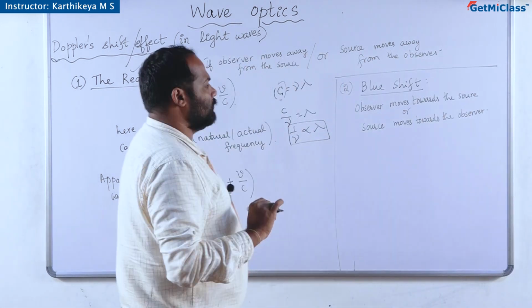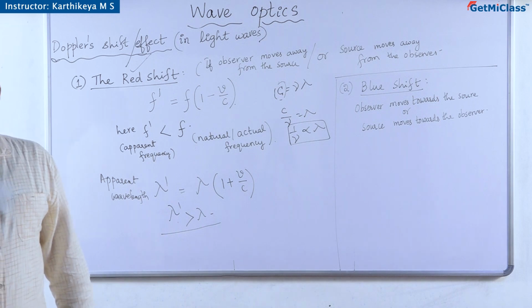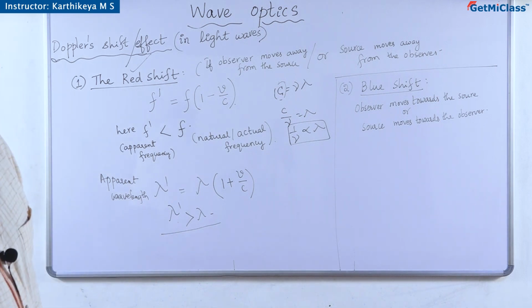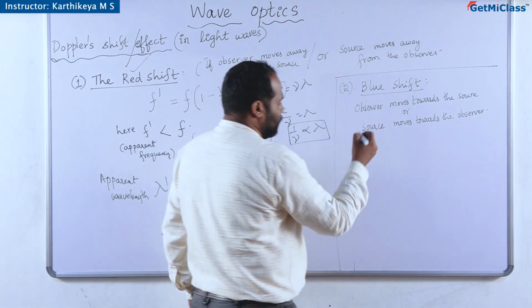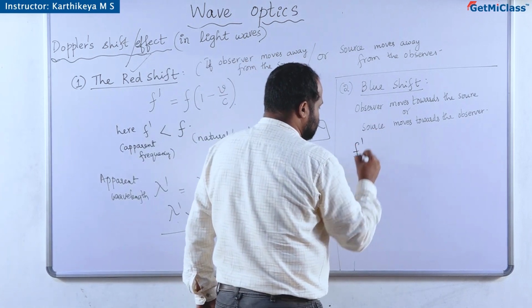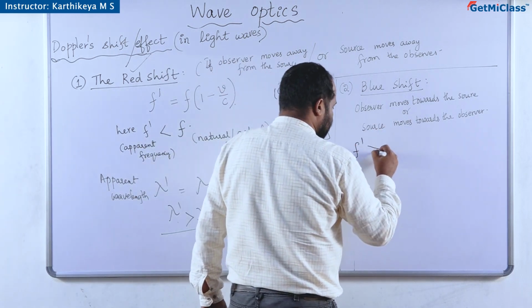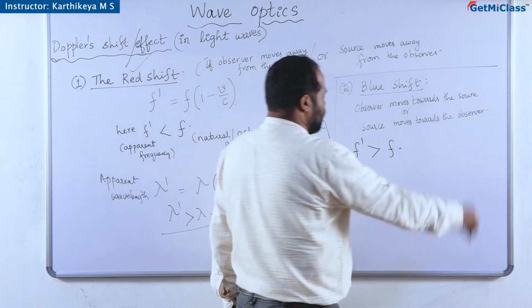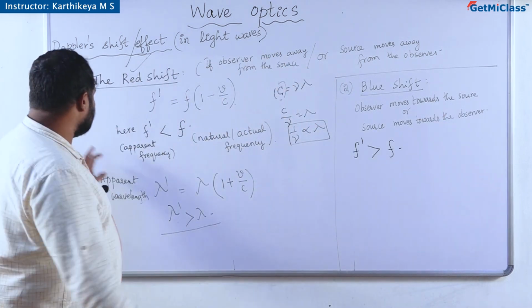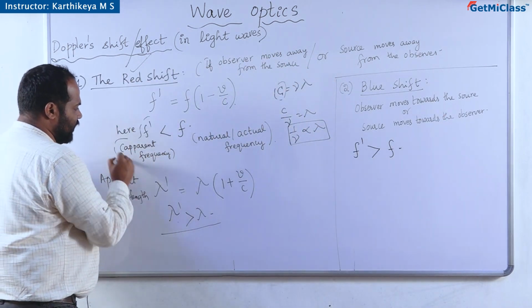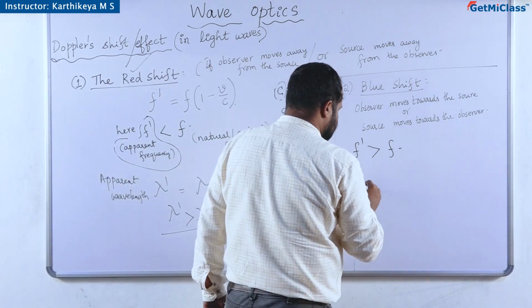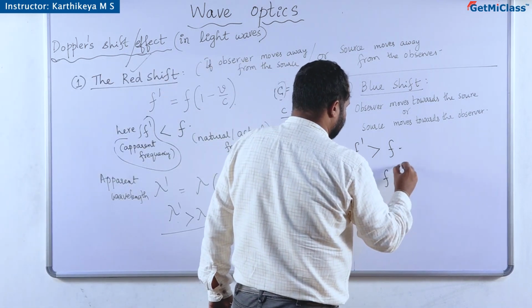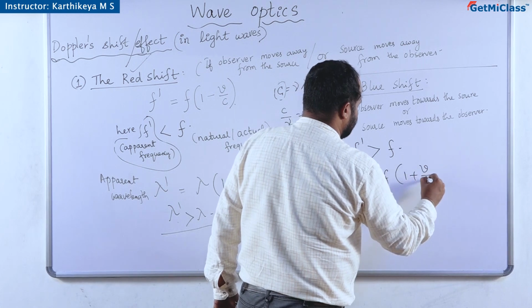That is called blue shift. Now we can guess the apparent frequency should be more than the actual frequency. Same notations, f dash is equal to f into 1 plus v by c.